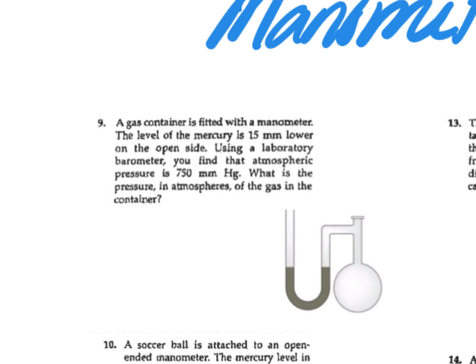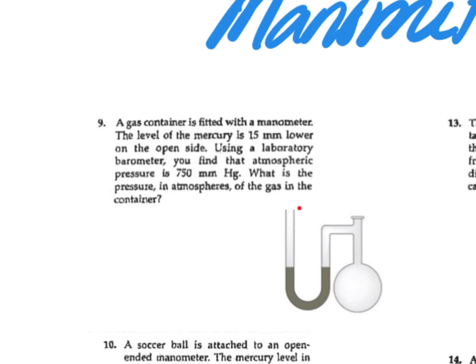Okay, so first off, I want you to just take a look at this manometer diagram right now. As this manometer is drawn, the mercury level is the same on both sides. If that was the case, that would mean that the pressure inside the gas container equals the atmospheric pressure on the outside.